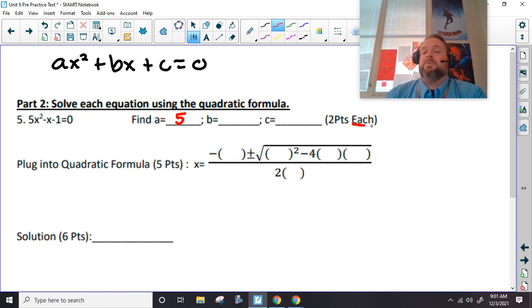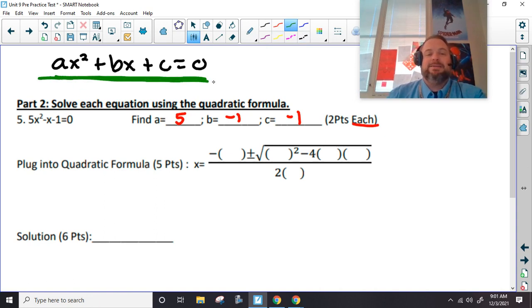That's why it says 2 points each. What would be B? -1. And then what is C? -1. Look, the form is right here, guys.